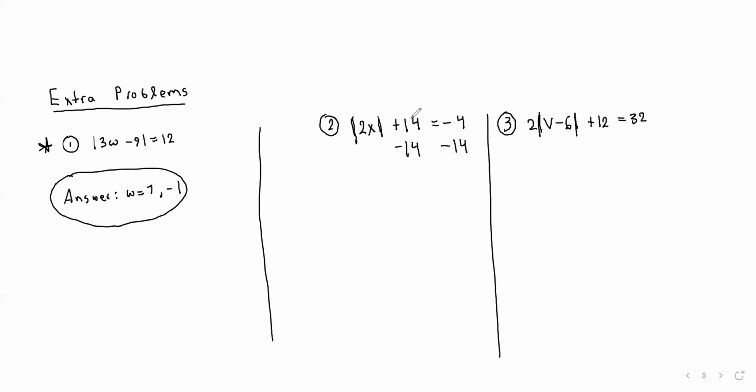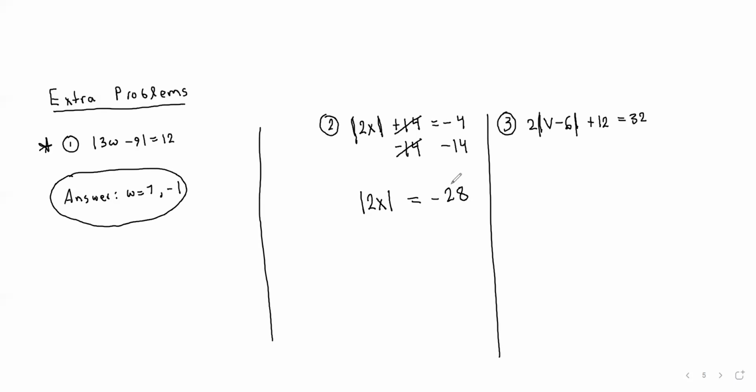On the left, we have a 14 minus a 14. These will cancel to 0, so we are just left with the absolute value of 2x. And on the right, we have minus 4 minus 14, which is equal to minus 18.